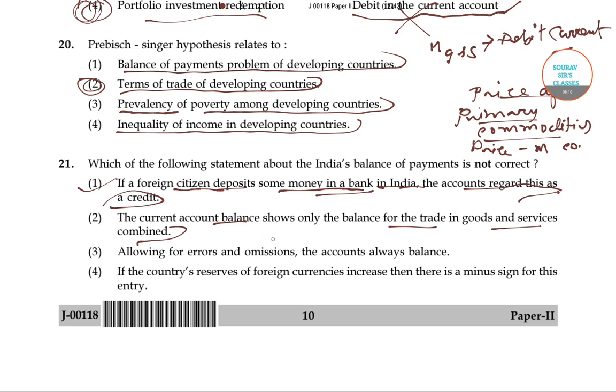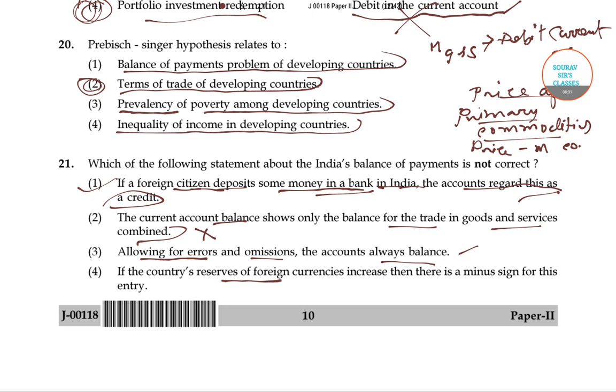Current account balance shows only the balance for trade in goods and services combined. This is not right. Allowing for errors and omissions, the accounts always balance. So this is also right.